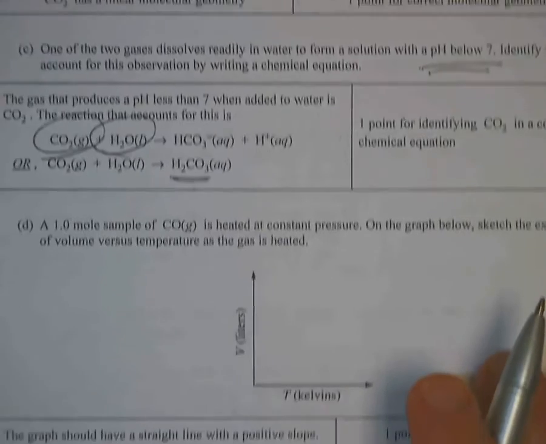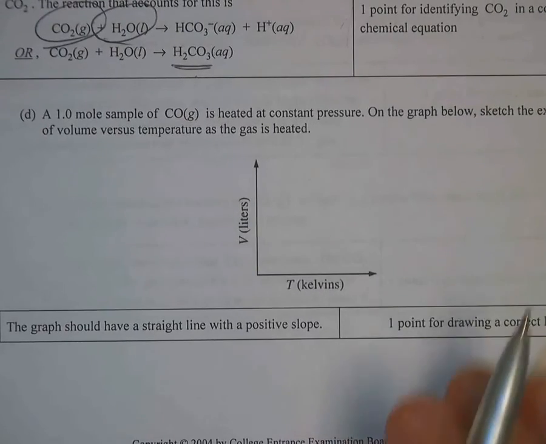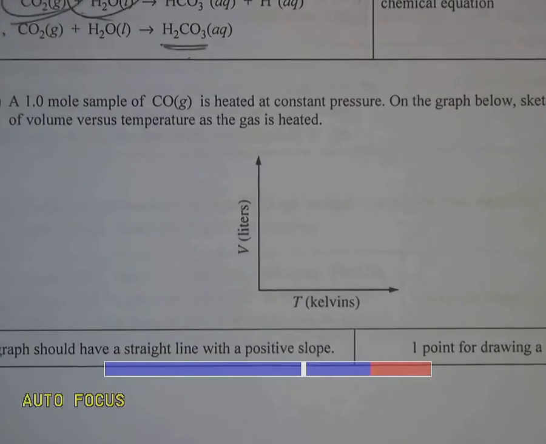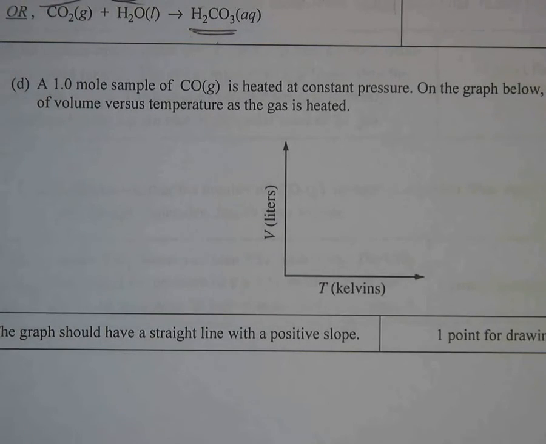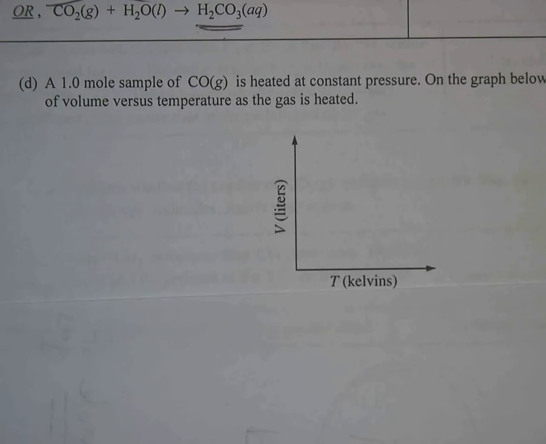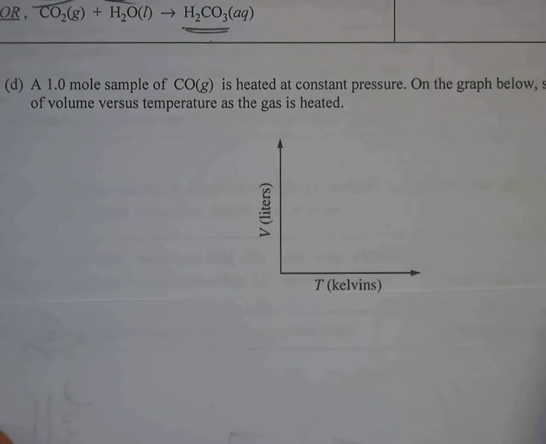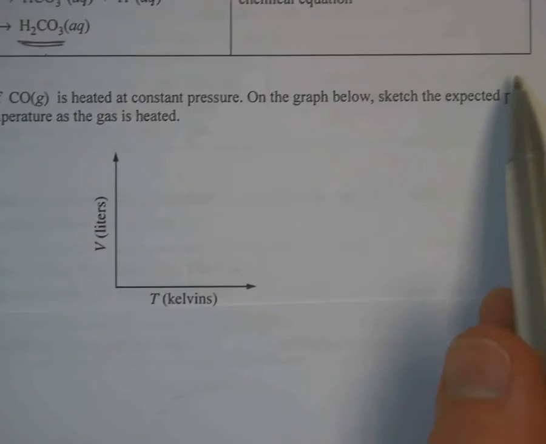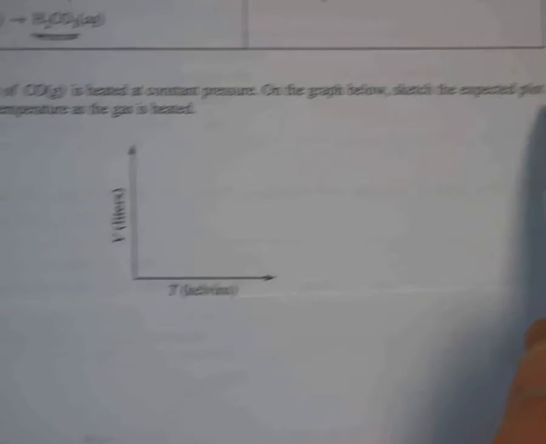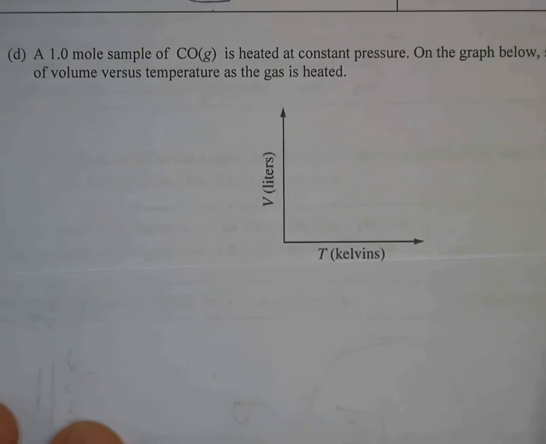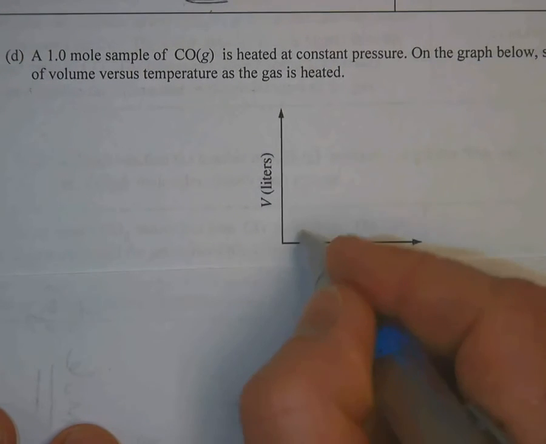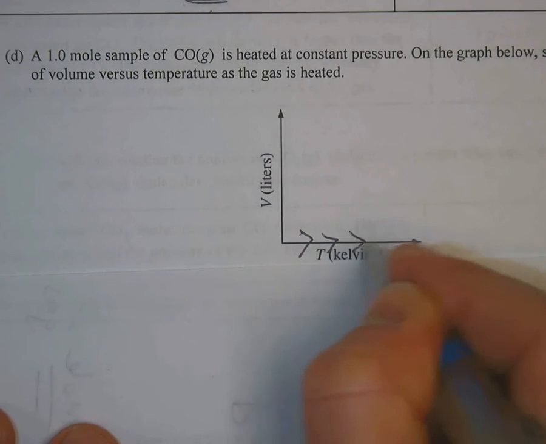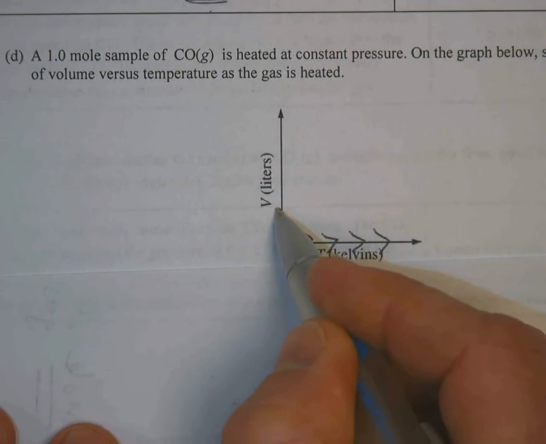Then let's get into the gas laws question right here, and this is question D. It says 1 mole of a sample of CO2 is heated at constant pressure. On the graph below, sketch the expected plot of volume versus temperature as the gas is heated. So as temperature goes up, what happens to the volume of the gas?